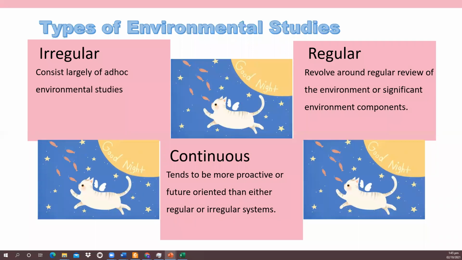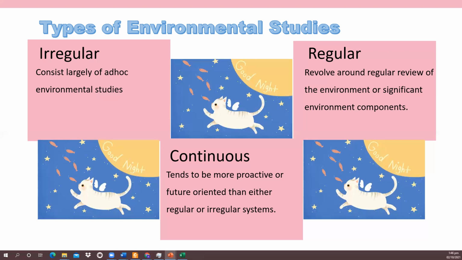Okay, so we have here the types of environmental studies. We have the irregular, regular, and continuous. When we say irregular, it consists largely of ad hoc environmental studies. Ito yung bihirang mangyari, tapos kailangan nating pag-aralan.